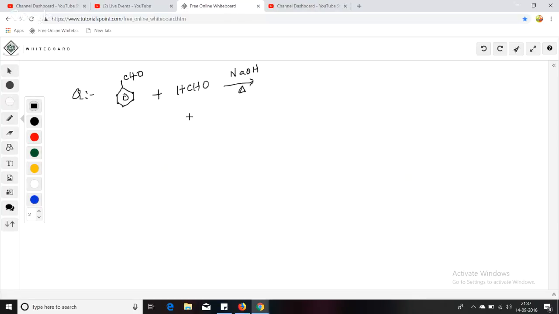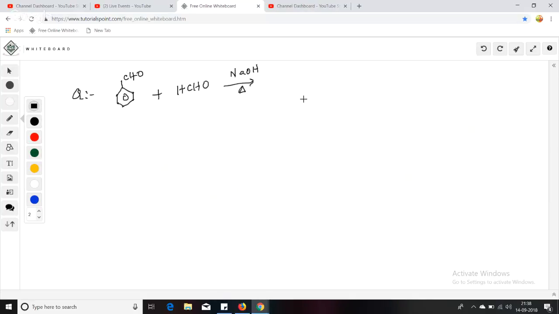What kind of reaction is it? This is a Cannizzaro reaction. There is no alpha hydrogen present and we have a base here, so Cannizzaro reaction.